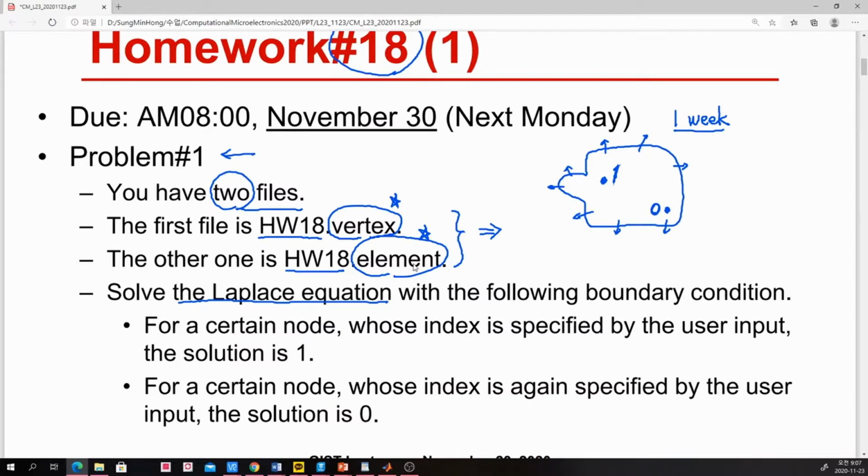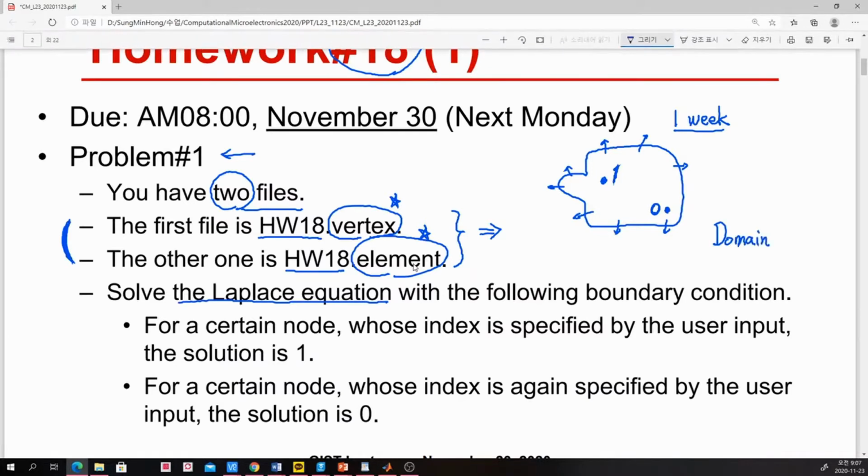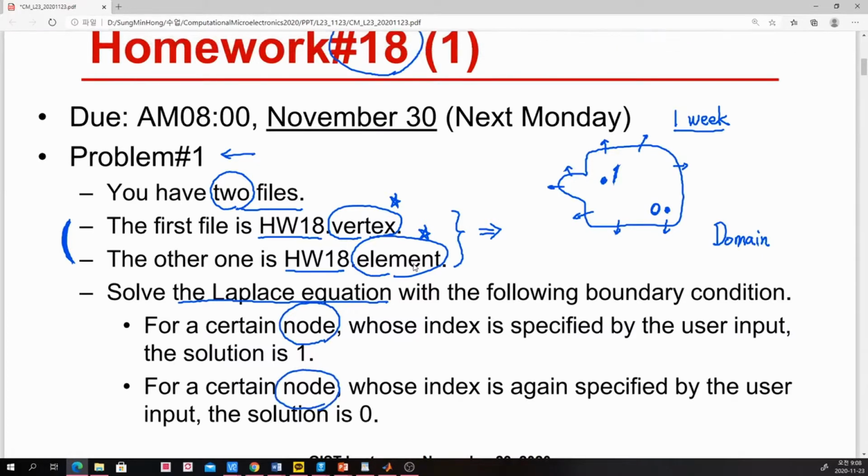Simply speaking, you will have 2 files, and from these 2 files, take the information about your domain. This is your simulation domain, and the user can specify 2 nodes; for the first one the solution should be 1, and for the second one the solution should be 0.